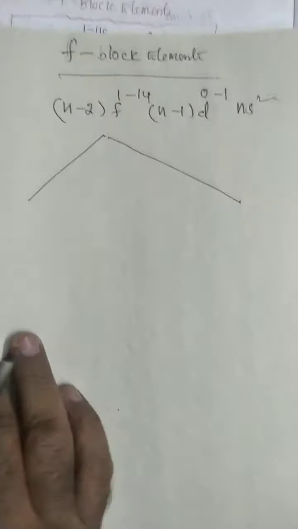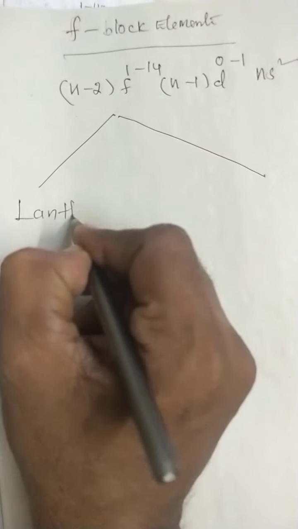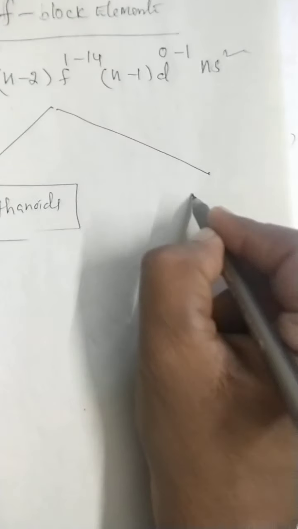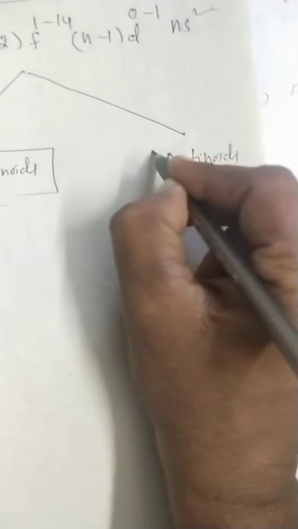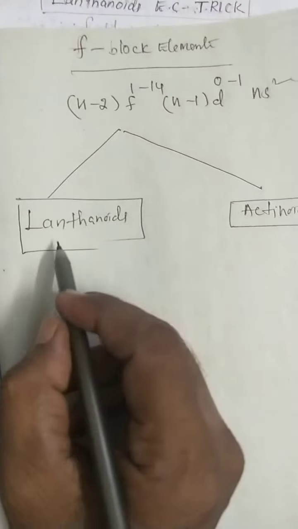You know, F block elements have two series. Number one is the lanthanides. Number two is the actinides. Listen carefully.